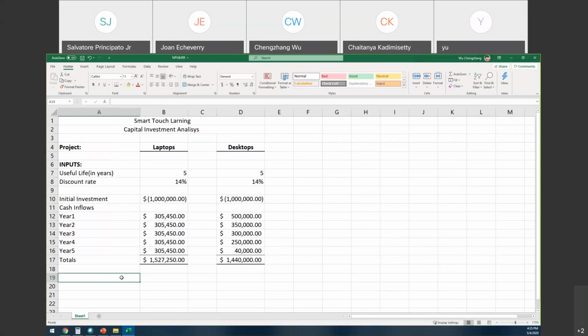So next, I need to know the outputs. The outputs should be NPV and IRR.